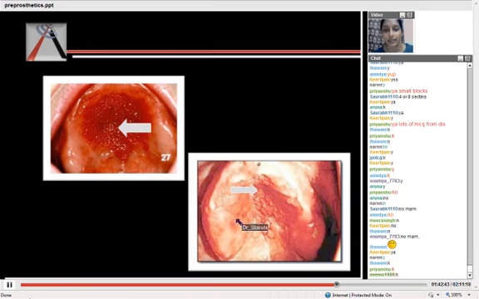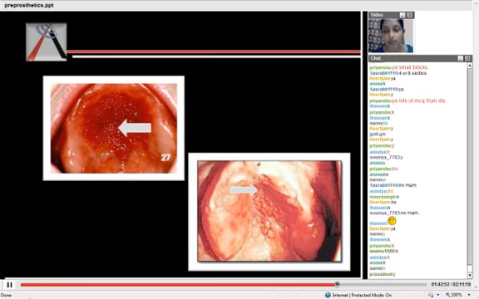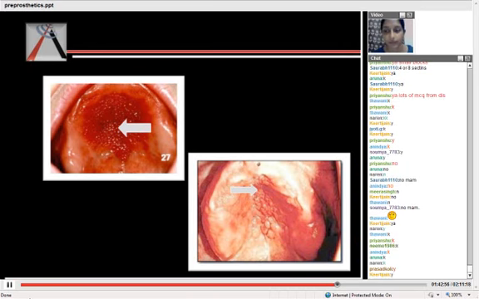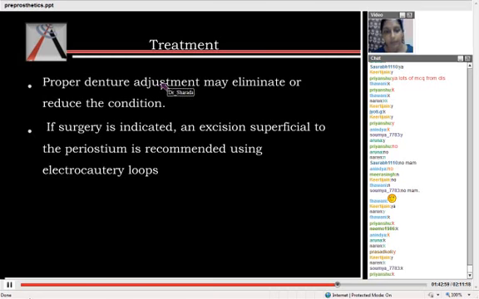Okay, see, these things here can actually be allowed to regress by themselves. But if you have a huge one, you may have to reconsider surgery. Proper denture adjustment reduces the condition. But if surgery is indicated, it is superficial to the periosteum.